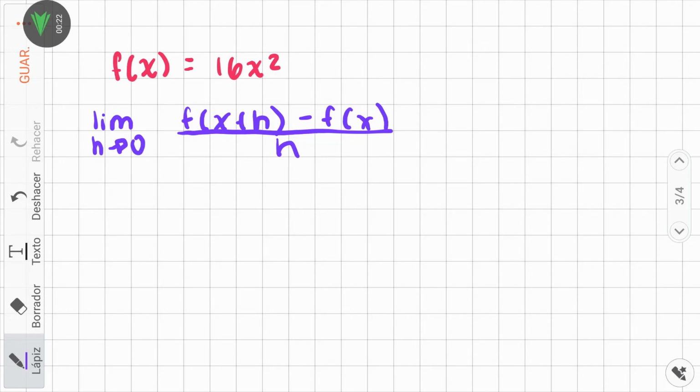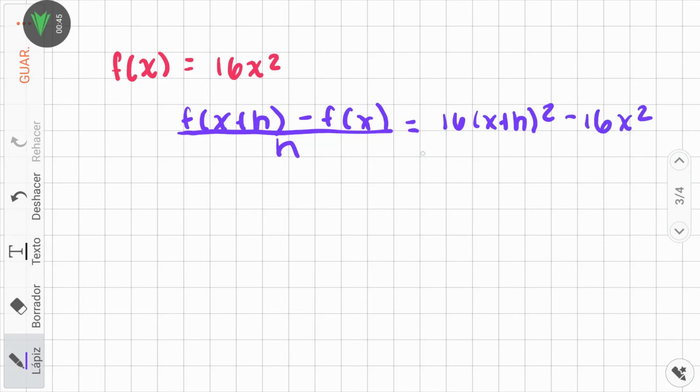But right now, I think it's easier to drop off this limit just to make things easier, and once we have finished doing this, then we can add the limit. So let's erase this first, okay? And then simply substitute or add your function. So that would be 16. Instead of x here, I'm going to write x plus h squared minus 16x squared over h.